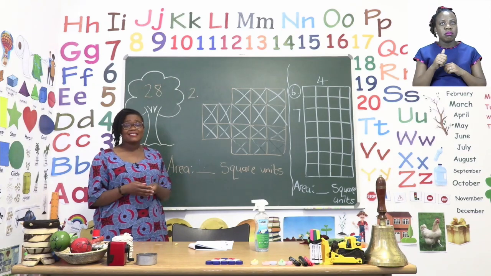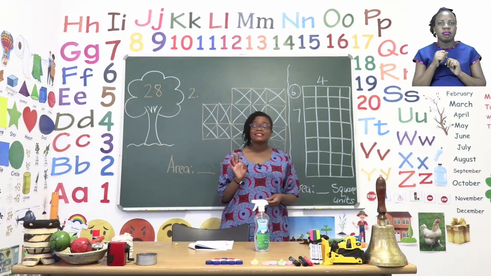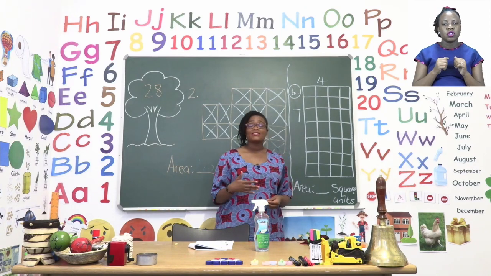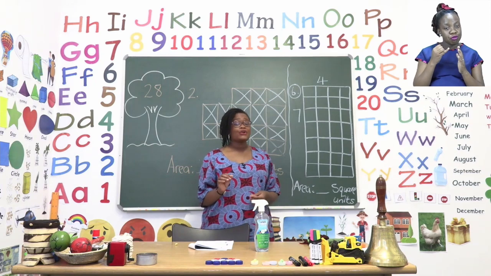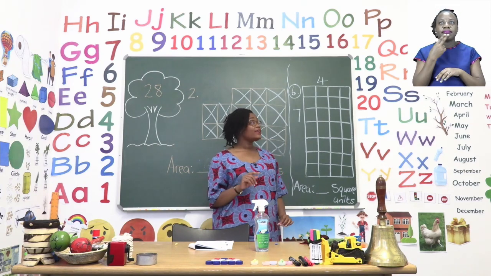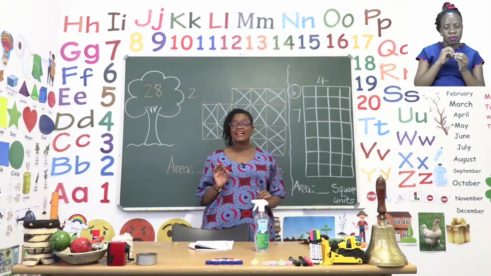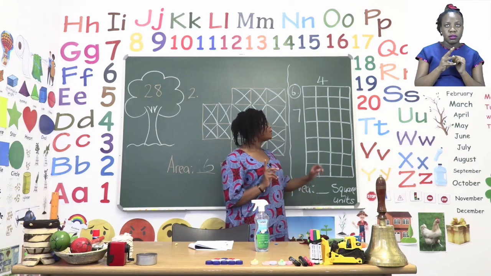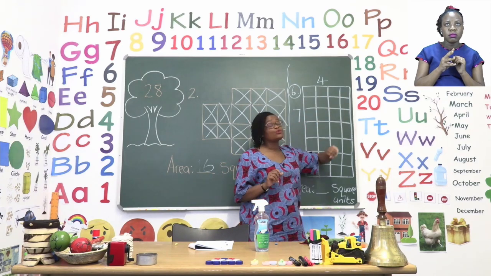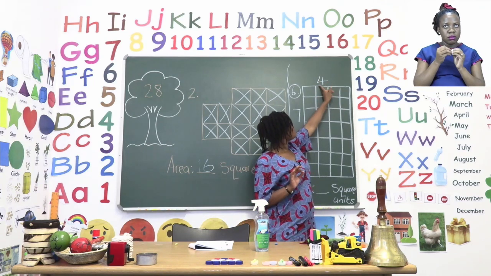It's all about counting. Then for the next one, for number 2, instead of us counting, they actually want us to make it. So you're going to need your ruler for this one. Today, we're going to do the one that says number 6. Now the whole idea is that for our width, which is going across, you need to do the number they give you. In this case, they gave us 4.